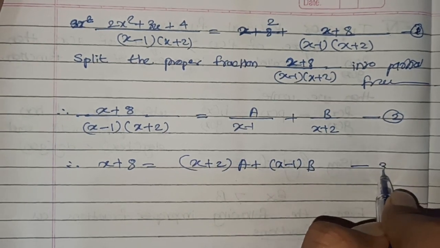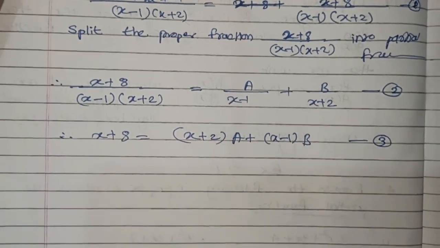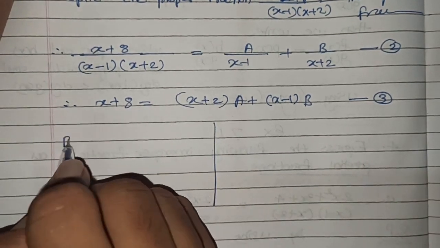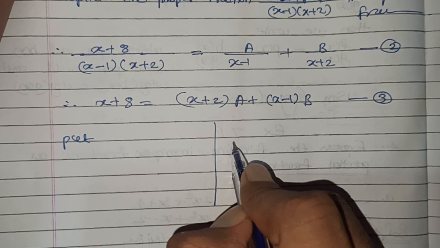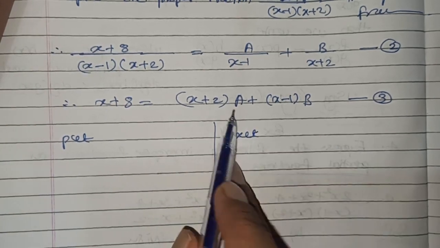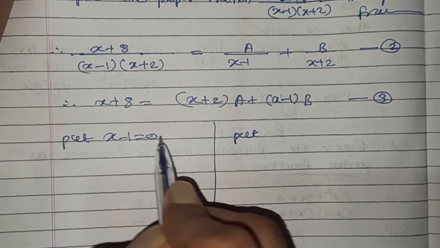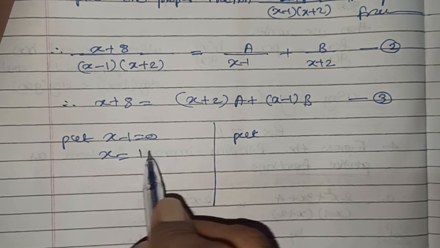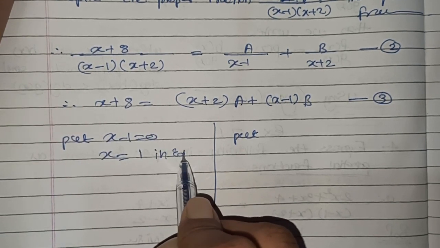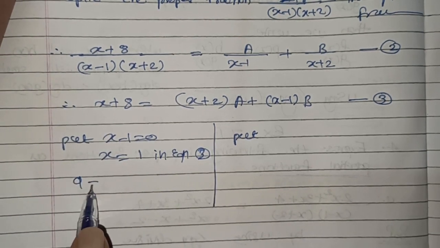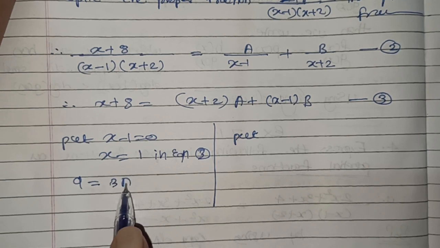Call this as third, and find the values of a and b. To find a, put that bracket equal to 0, that means x minus 1 equal to 0, that is x equal to 1 in equation number third. If you put x equal to 1 here, we get 9 equal to 3 times a, so a equal to 3.